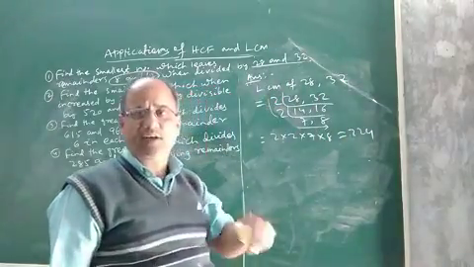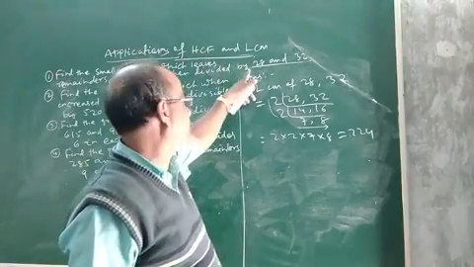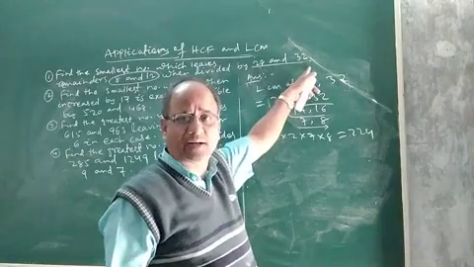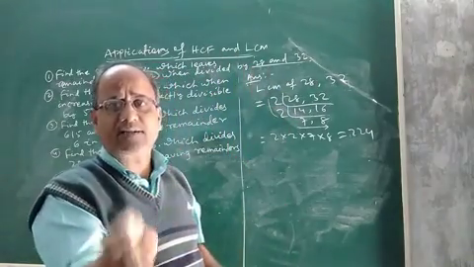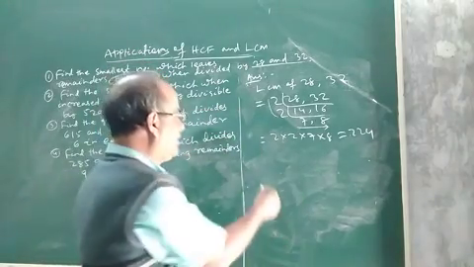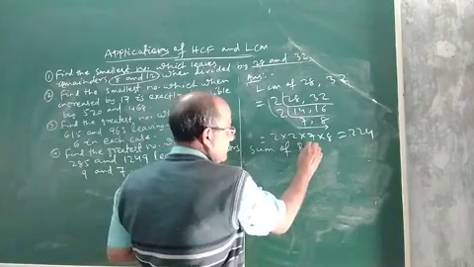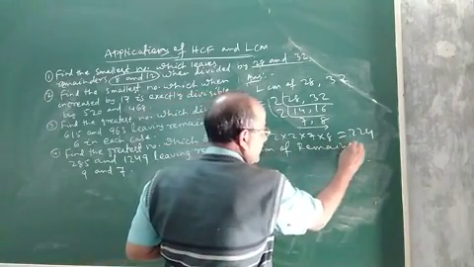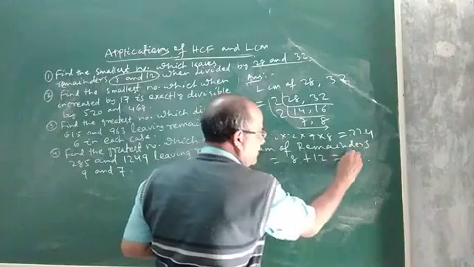Now the question is, how to get the smallest number? It is given that the number when divided by 28 and 32 leaves remainders 8 and 12. So first find the sum of the remainders: 8 plus 12 is 20.